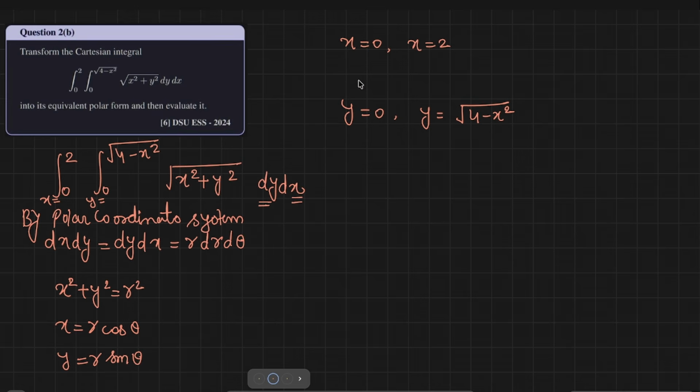Okay, so from here what you can write down, simple. If x is from 0 to 2, so basically r cos theta is equal to 2. So from here what your r will be.